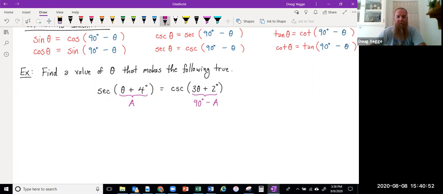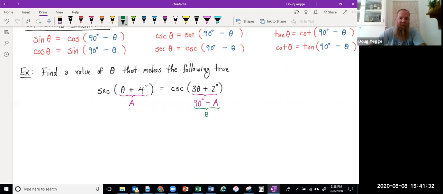So there's two ways to think about this. One way to recognize this is that if I take 90 degrees minus this quantity, it should equal this quantity of theta plus 4 degrees. Or in other words, adding these two angles together should give me 90 degrees because they should be complementary angles in our triangle. So if this is A, then 90 minus A would also be referred to as B in our upper triangle.